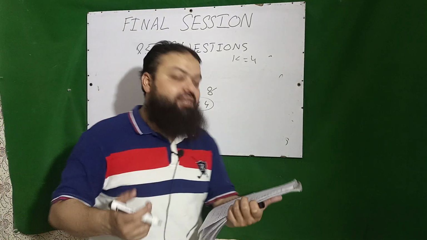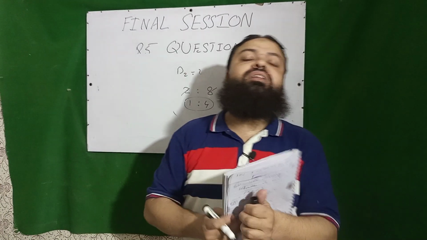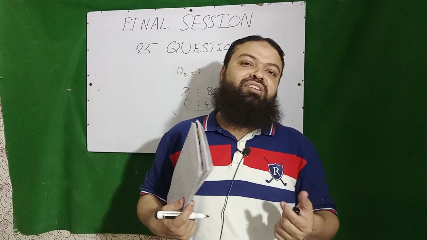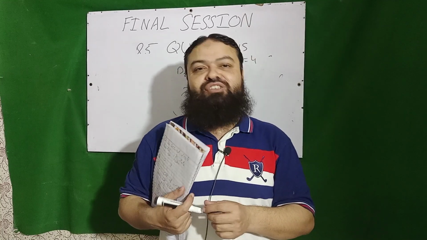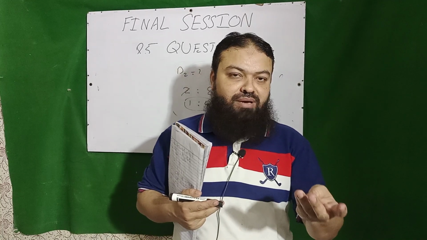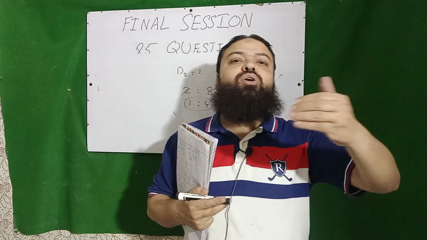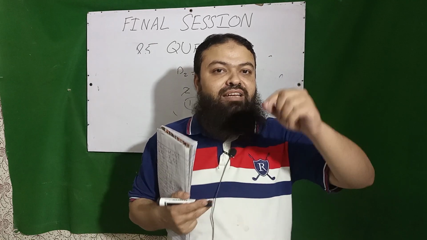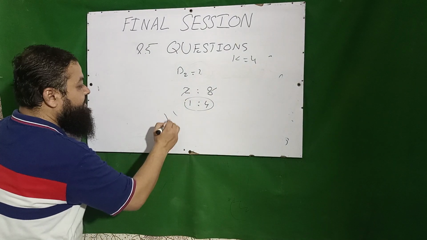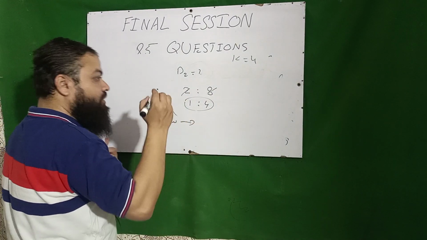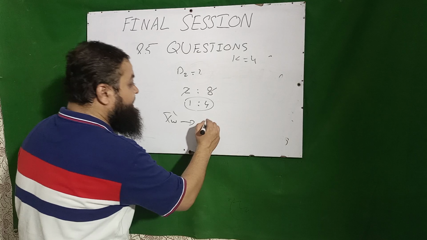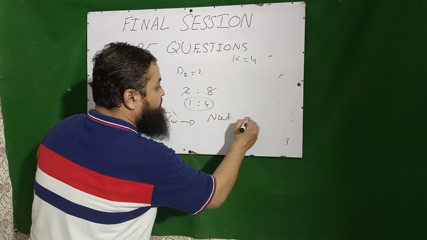In case of weighted mean, whenever all the things have not equal importance, for example, if we have the marks of the students, physics, chemistry, biology, Urdu, Pak studies, all have different importance, then weighted mean is used. Weighted mean is used when all the observations are not of equal importance.